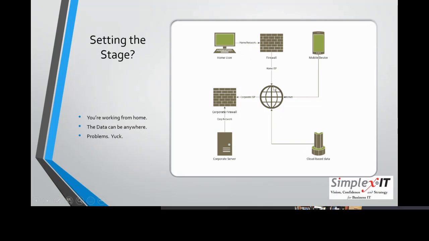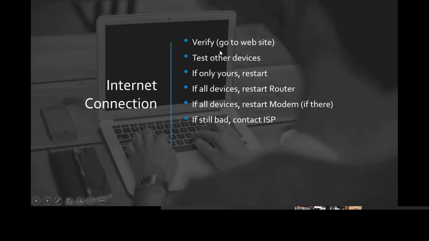So just this part is working, but something else isn't. Okay? If that fails, test other devices in your home. You can't connect, can something else connect? And if they can't connect, then we talk about restarting your equipment.